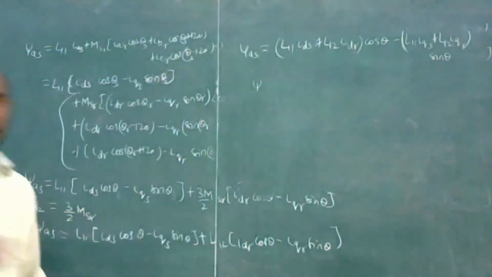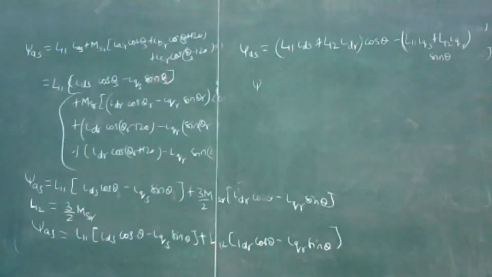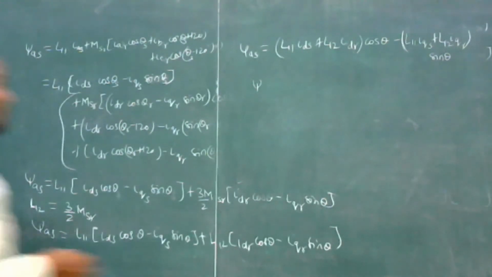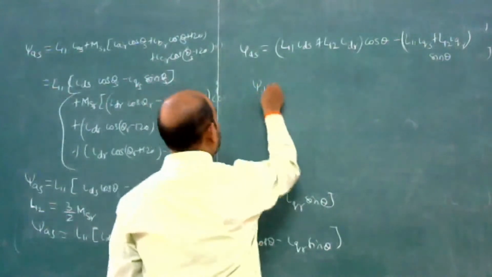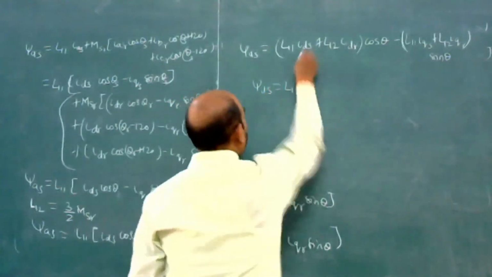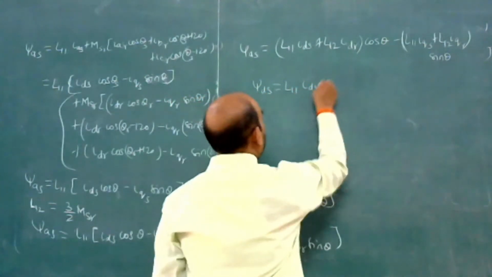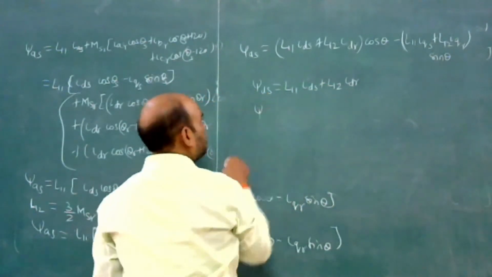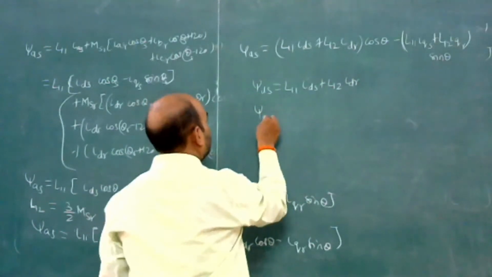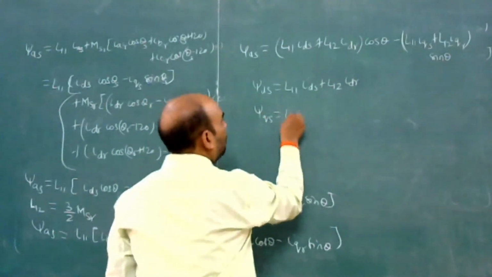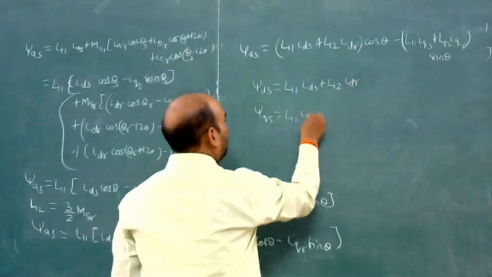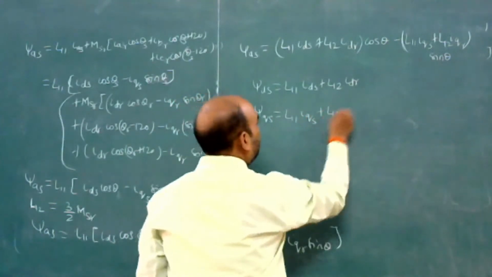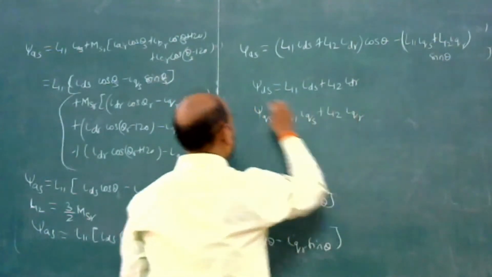Okay. So let psi ds be equal to this value: psi ds is equal to L11 IDS plus L12 IDR, and psi QS is equal to L11 IQS plus L12 IQR.